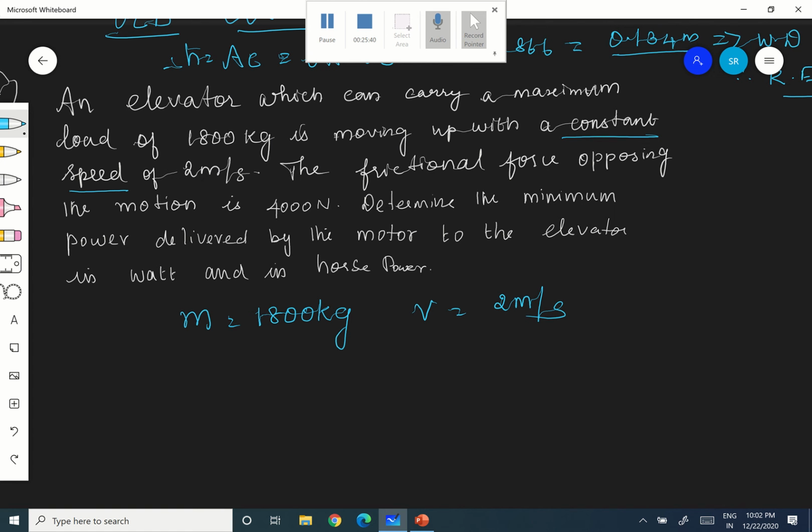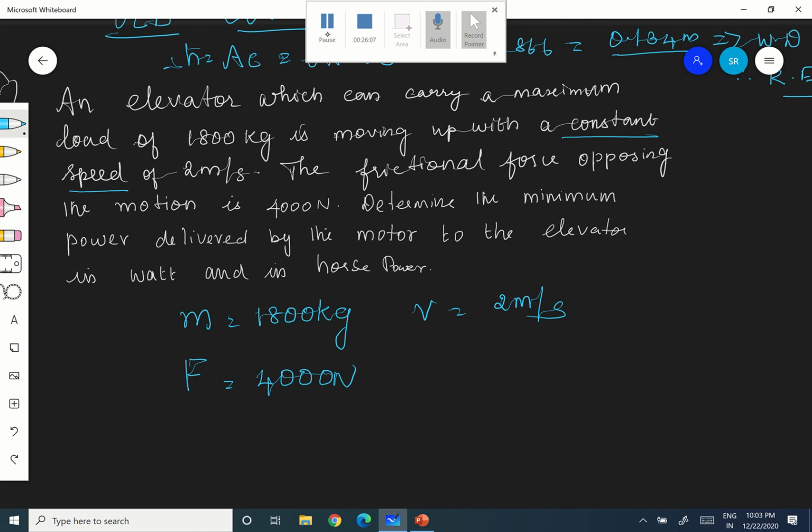And the frictional force, the opposing force, is 4000 Newton. Now, determine the minimum power delivered by the motor to the elevator in watt.